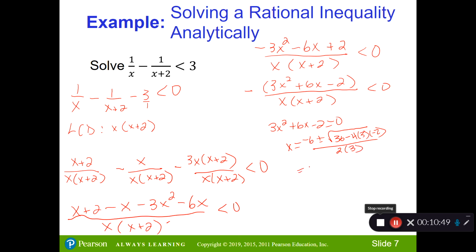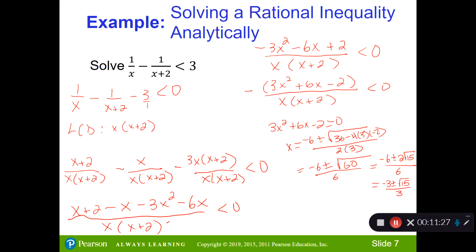So that would be negative 6 plus or minus the square root of, that would be 24. 24 added to 36 is 60. So I can take a 4 out of this. And I'd have negative 6 plus or minus 2 root 15, 4 times 15 is 60, over 6. Or negative 3 plus or minus root 15 over 3, when I divide a 2 out of everything.